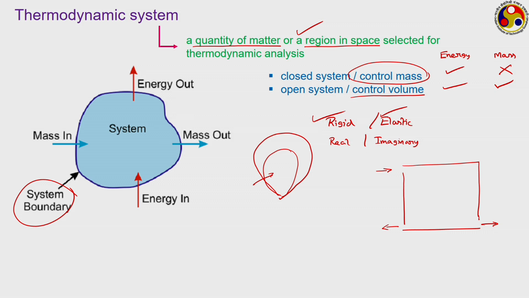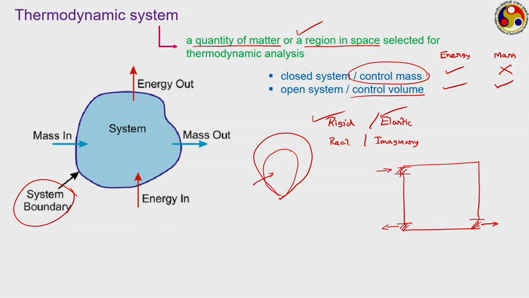I agree with that only partially, because though the boundary is there, it is not enclosing the entire system. In certain parts, like this particular part, this part and this part, you actually have to imagine the boundary of the system.